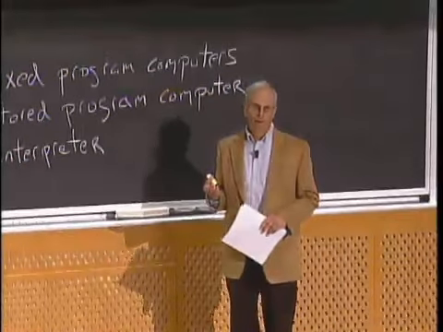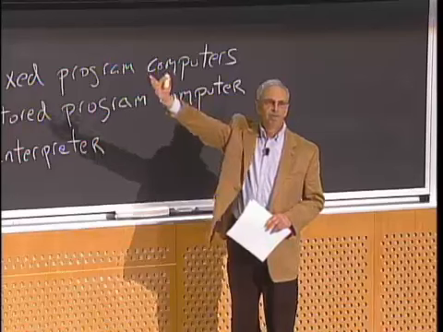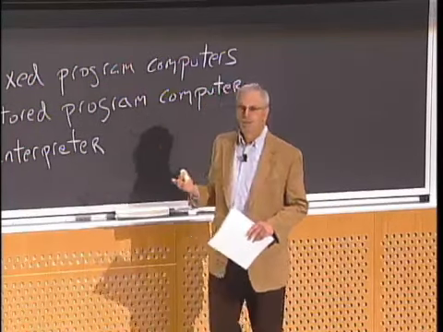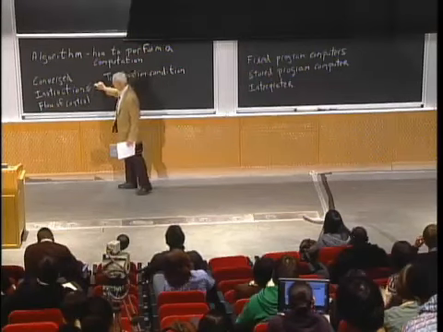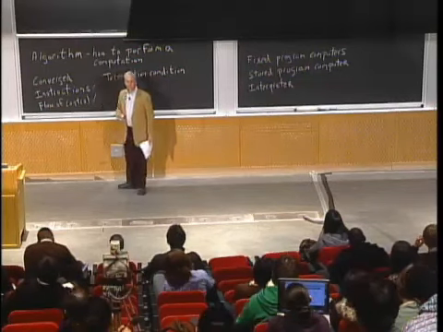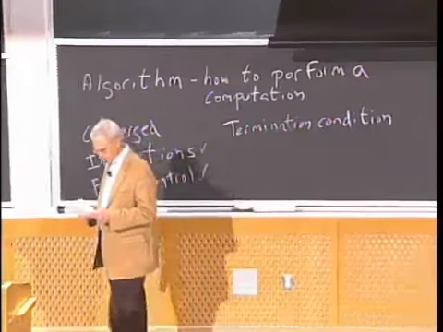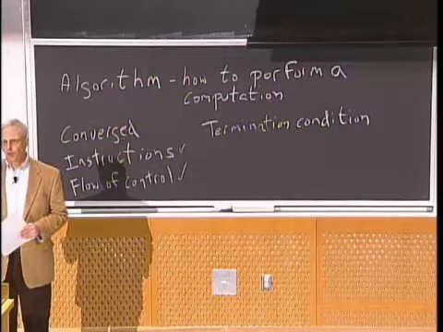So a programming language provides a set of primitive instructions, a set of primitive control structures, so instructions and mechanisms for controlling the order in which they get executed, and that's all. And then you can do whatever you want with them.